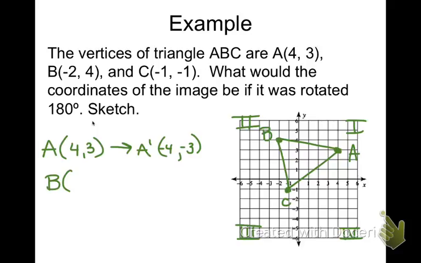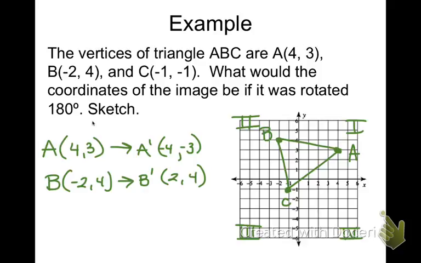Point B is negative 2, 4. So B prime. We're in quadrant 2. So 180 degrees is going to take us diagonally over to quadrant 4. The 2 and the 4 are going to stay the same because it's 180 degrees. But what are going to be the signs?